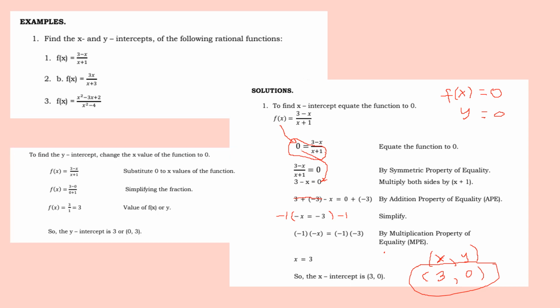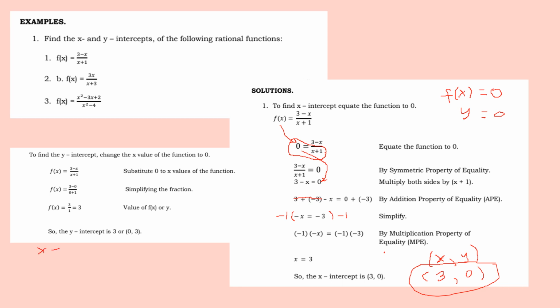How about the y-intercept? To get the y-intercept, we are going to substitute, or let x be equal to 0. There, we let y be equal to 0; here, we let x be equal to 0.